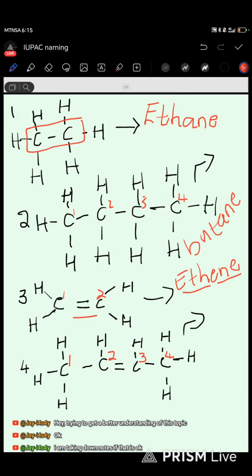But we have a double bond here. The double bond is on the second carbon. So this is going to be but-2-ene, because that's where the double bond is, and ene because it is an alkene.